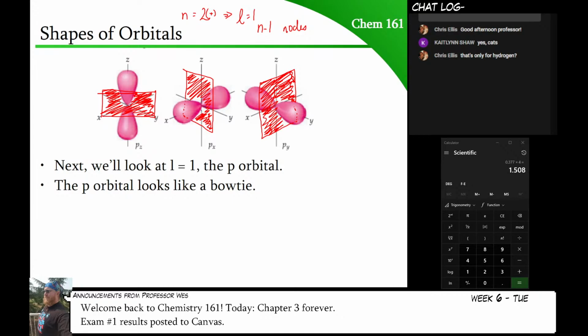So my angular nodes in 2 dimensions, when I showed you the 2D plate with the sand on it the other day, in 3D, those angular nodes become planar nodes.